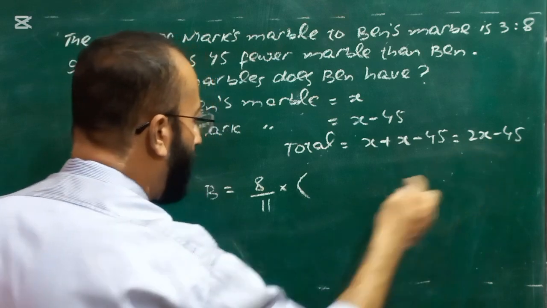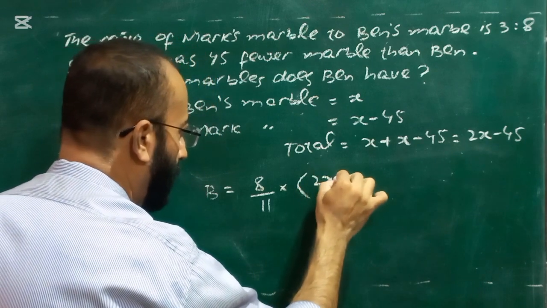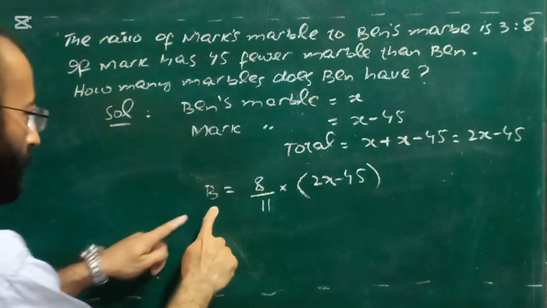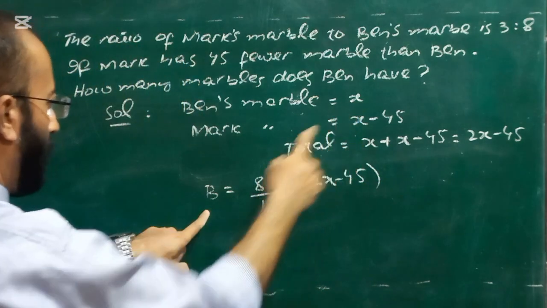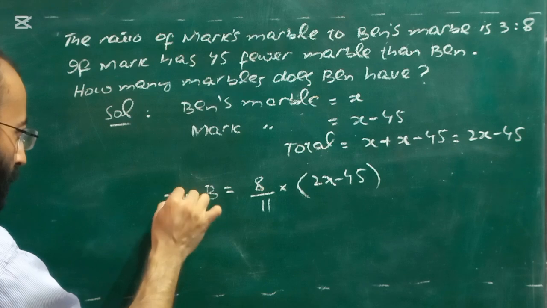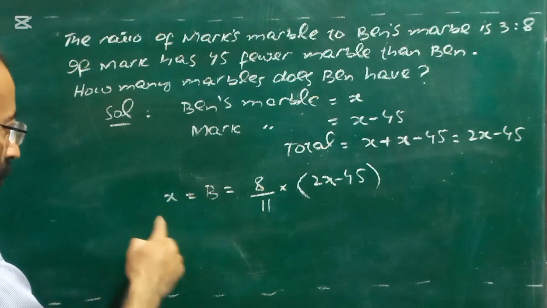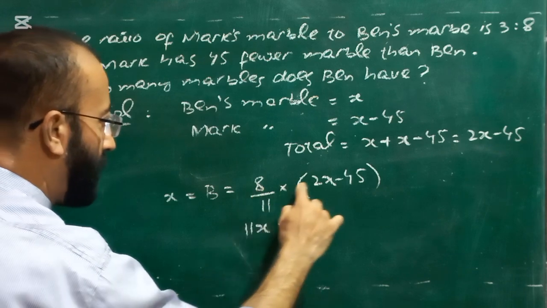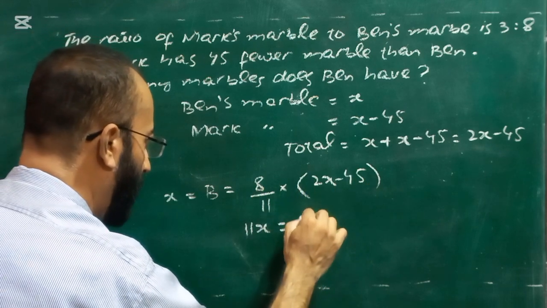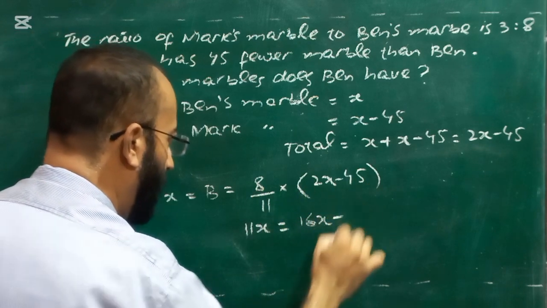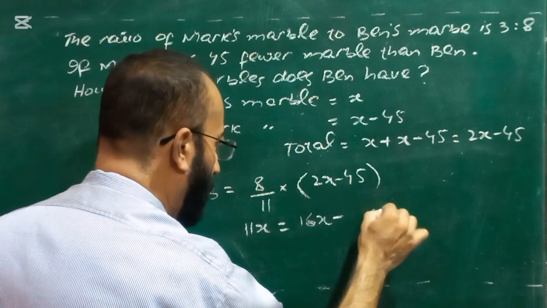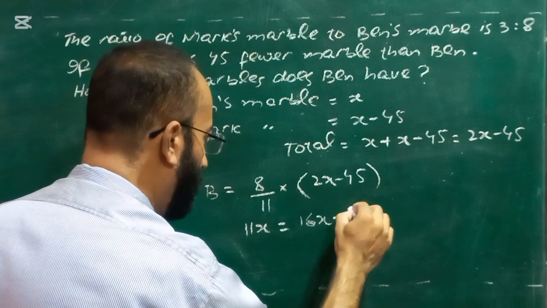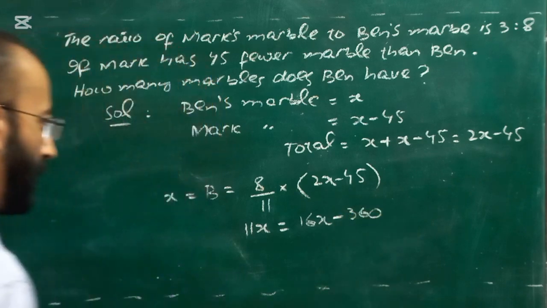So the total is 2x minus 45, and Ben's quantity is X, so we will write X in place of Ben. This 11 will come to the left side, so 11x will be equal to 8 multiplied inside the bracket, so 8 2s are 16x minus 8 5s are 40, wait, 8 4s are 32 plus 4, that is 36.